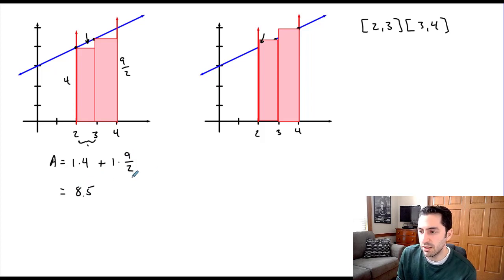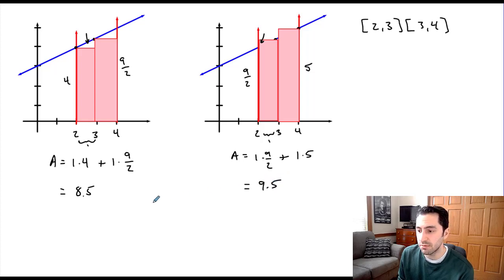And if I take a look at our second one using the rightmost points, these also have a width of 1. Our first rectangle has a height of 9 over 2. Our second one has a height of 5. So we have 1 times 9 over 2, the area of the first rectangle, plus 1 times 5, giving me a total area of 9.5.